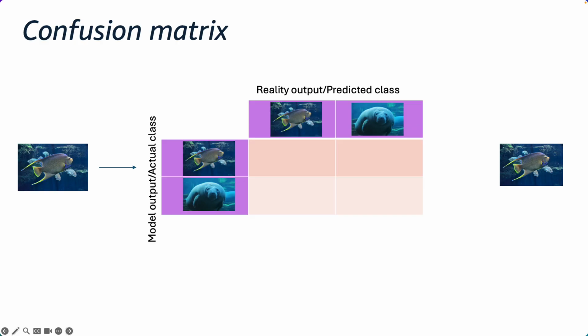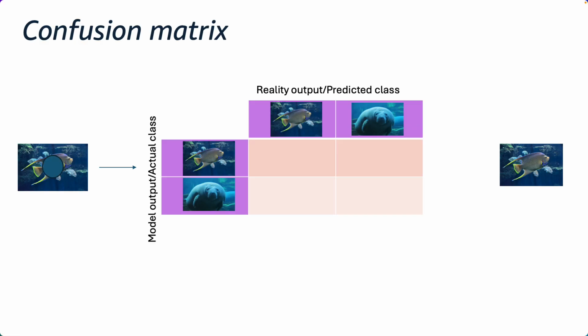Along the top of the matrix is the reality of the output, or the predicted class from the model, and along the side is the model output or actual class. And a confusion matrix gives you a high-level comparison of how predicted classes match up against actual classes.